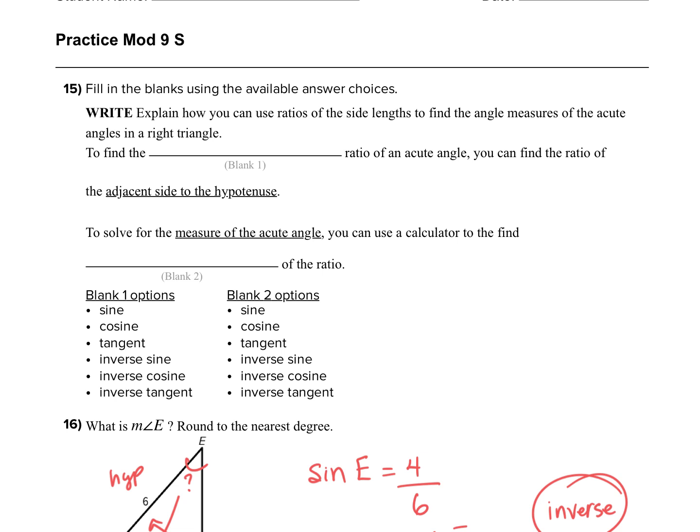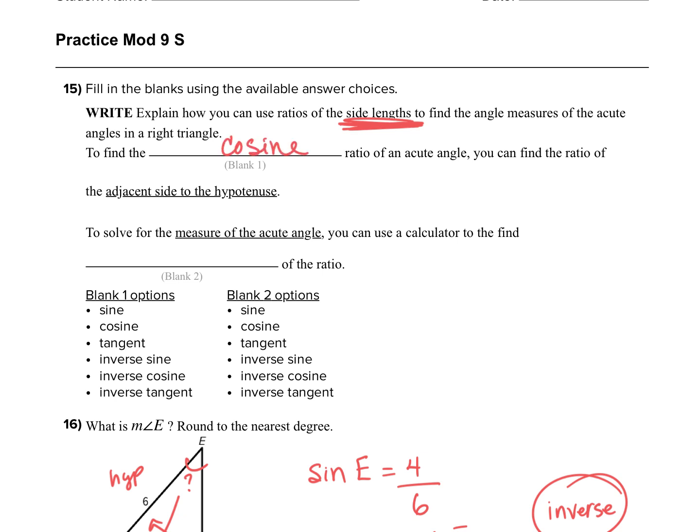To find the blank ratio of an acute angle, you can find the ratio of the adjacent side to the hypotenuse. Okay, so adjacent. This is where the key words are: side length. For the side length, adjacent to hypotenuse, that's cosine.